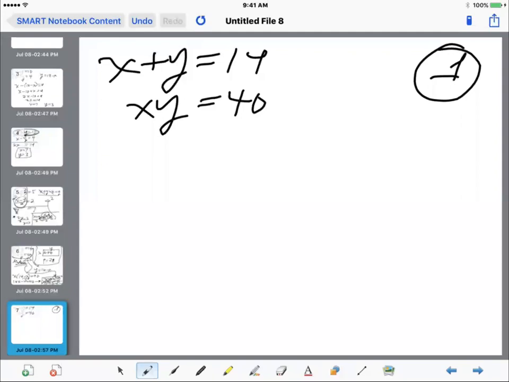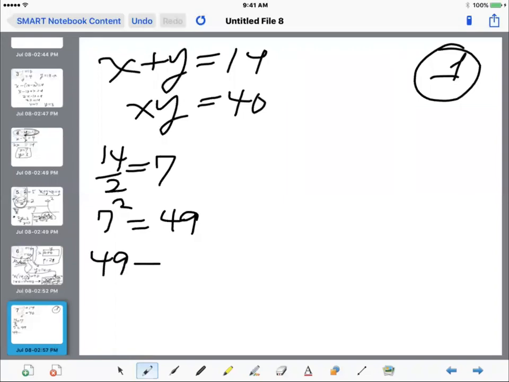Step 1, take half the sum and get 7. Take that 7 and square it. Take that 49 that you just got and subtract the product, which is given. Take that 9 that you just got and take the square root of it.